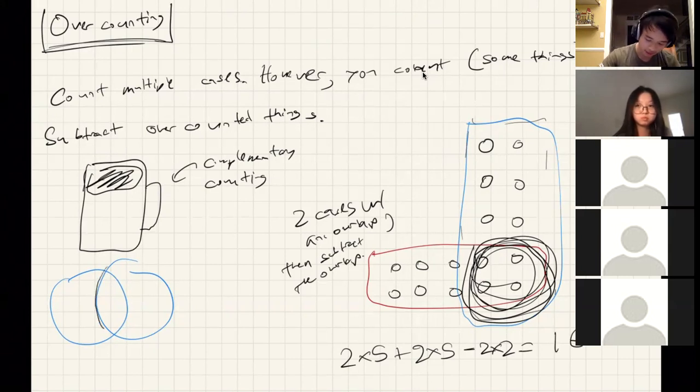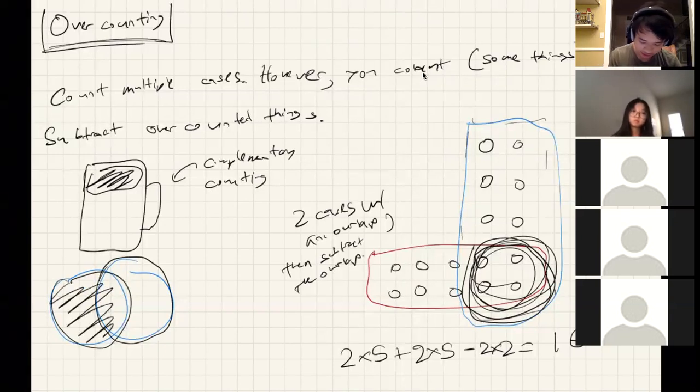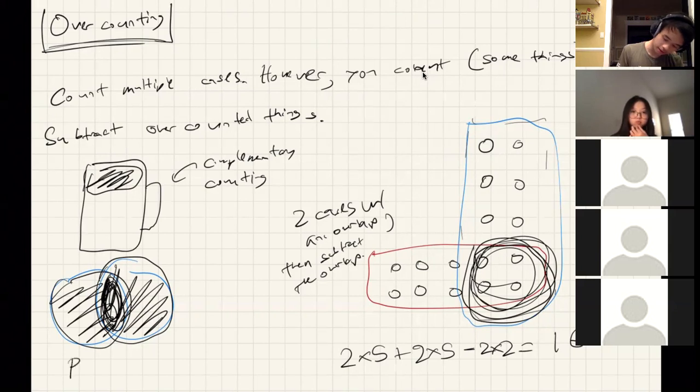Another way you can think about it is like this Venn diagram here, right? You count everything on this end, then everything on this end, then you subtract the region in between. This actually becomes something known as the principle of inclusion and exclusion, or just PIE.